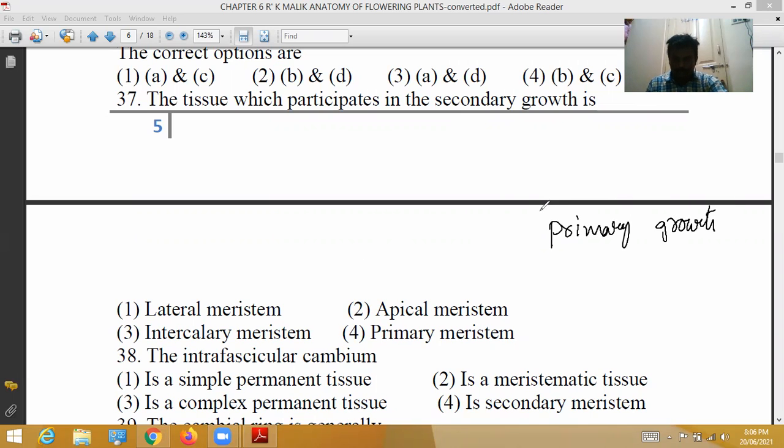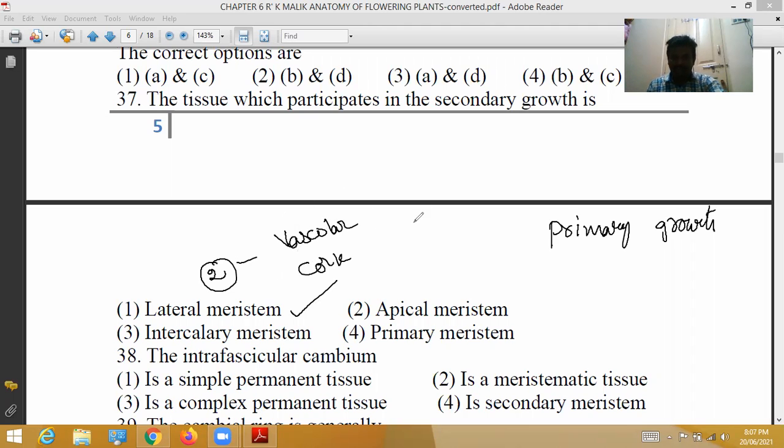Apart from primary growth, most dicotyledonous plants exhibit an increase in girth. This increase in girth is called secondary growth. The tissues involved in secondary growth are called lateral meristems, which are of two types: vascular cambium and cork cambium.